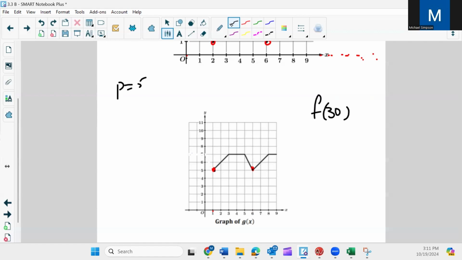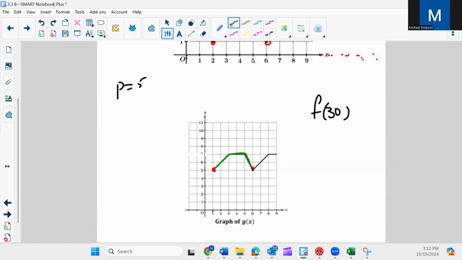This periodic graph is going to repeat itself out at x equals 30. We just don't know what part of that graph is going to show up there at x equals 30. But we can find it.